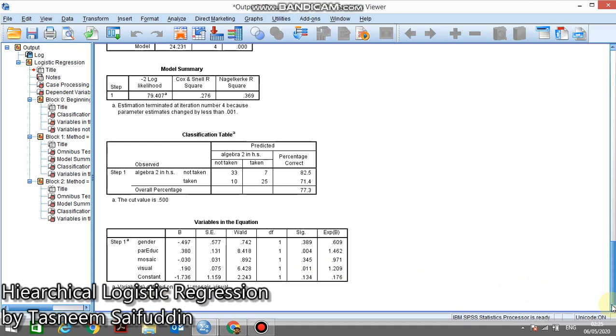Coming towards the block 2 model, what does block 2 model show?